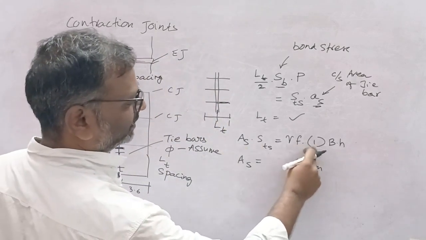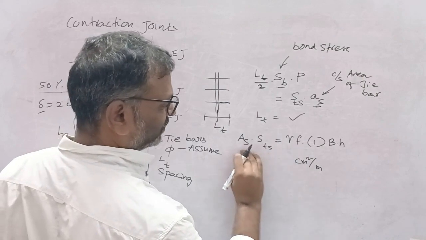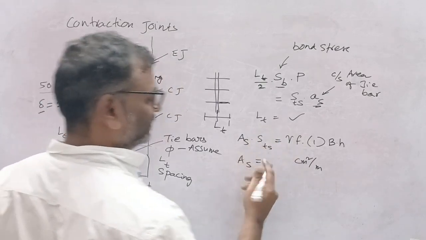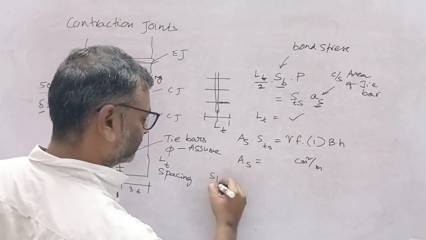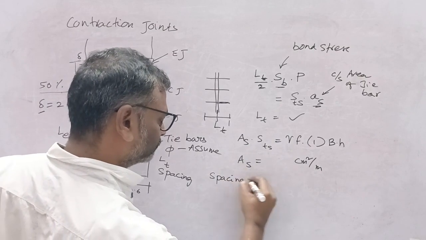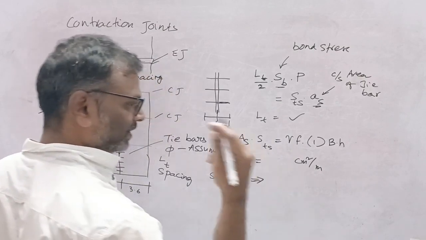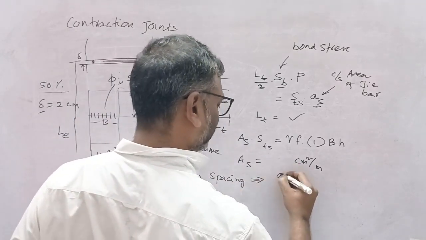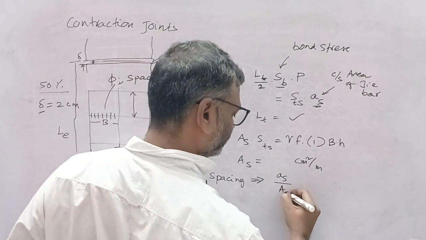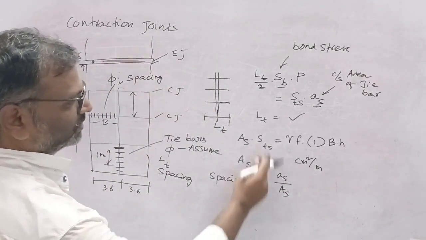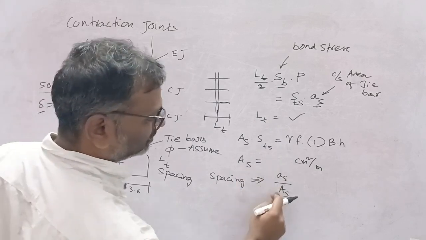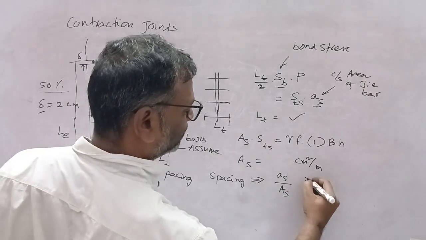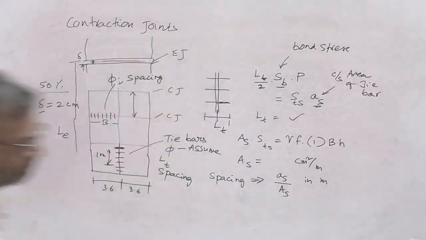You have considered 1 meter, and then you have to find spacing as you have done in your reinforced concrete structures. Spacing is given by area of individual steel bar divided by area per meter length. You will get it in meter, right?